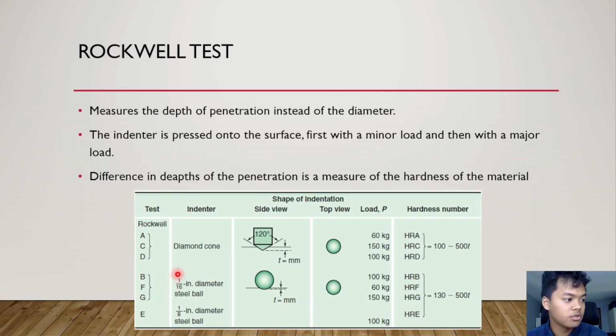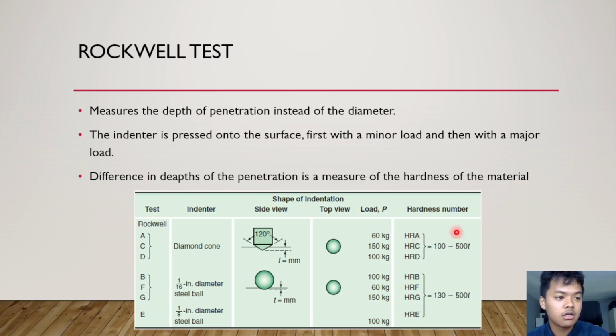In B, F, and G, we use a 1/16-inch diameter steel ball, and for E, we use a 1/8-inch diameter steel ball. So how do we calculate the hardness number? For 60 kilograms, we got HRA, for 150 kilograms, we got HRC, for 100 kilograms, we got HRD, and so on.